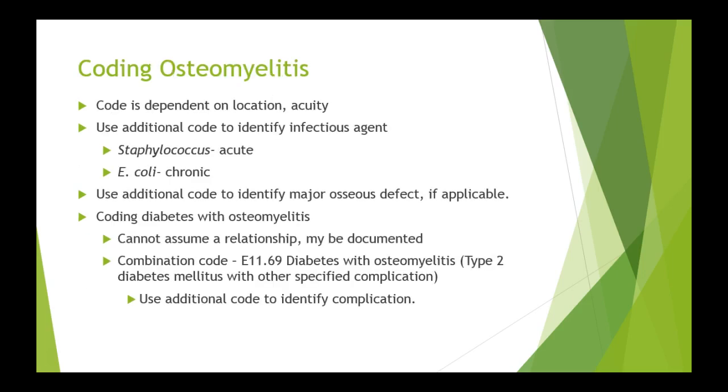So when we're coding for osteomyelitis, our codes are often dependent on the location, the bone, and the acuity: the acute, the subacute, the chronic, and so on. In our coding manual, it does tell us that we are to use an additional code to identify the infectious agent. This is up at the front of these codes in our tabular list.